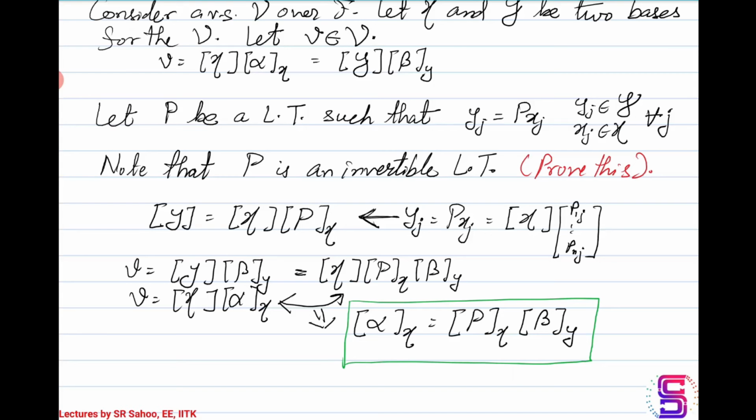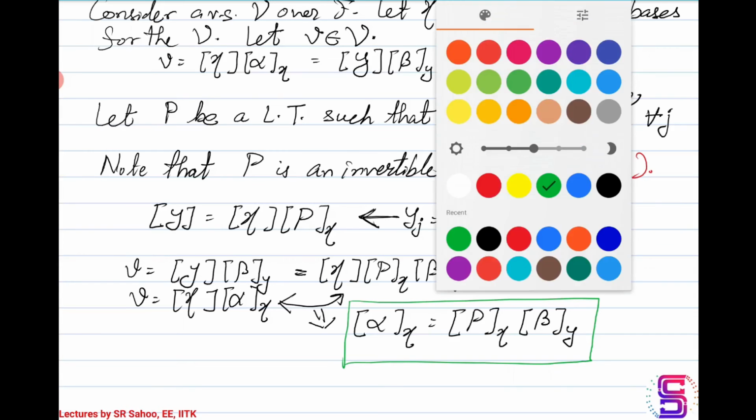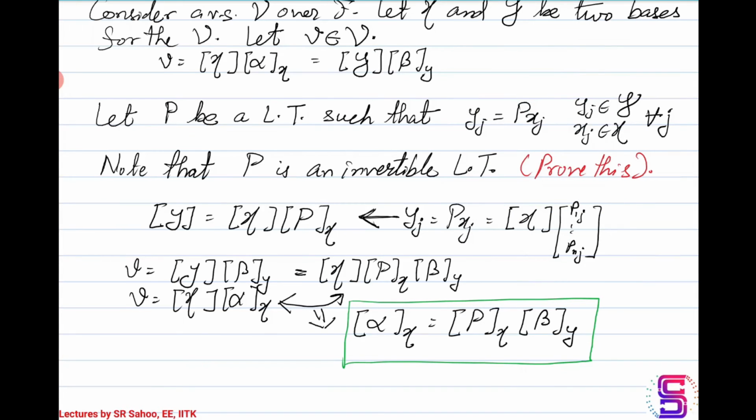So the coordinates in basis X are obtained by multiplying the matrix representation of P with respect to the basis X with the coordinates obtained in basis Y.